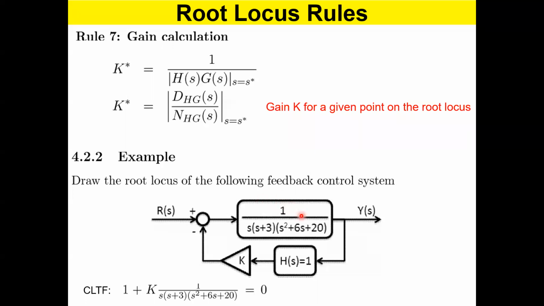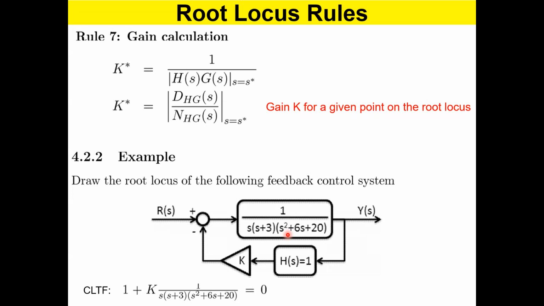So this is the start as well as the end of the poles. They're all here in the open loop transfer function. In between, we don't know. We have to calculate and figure it out. That is what is called the root locus. Fine.